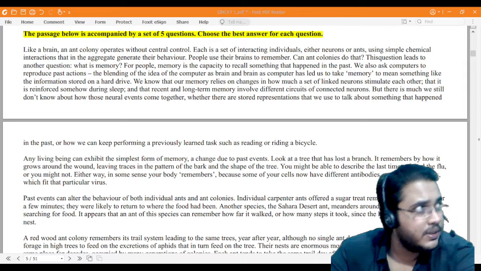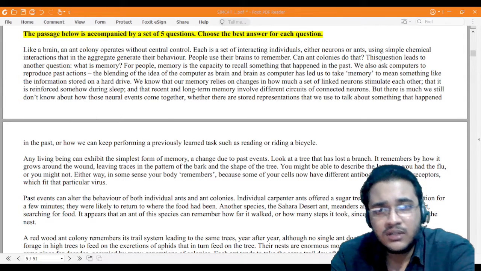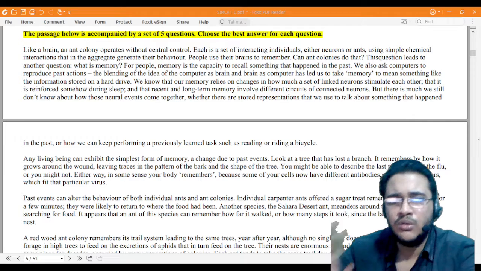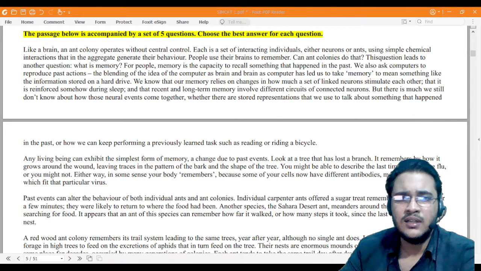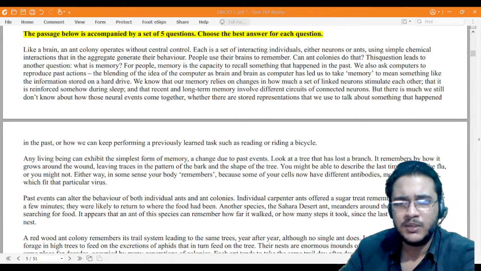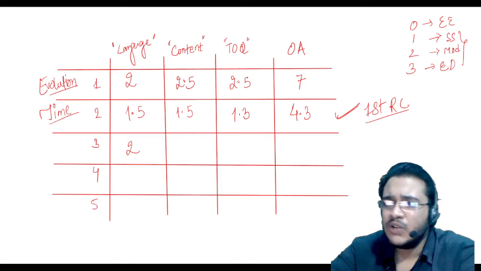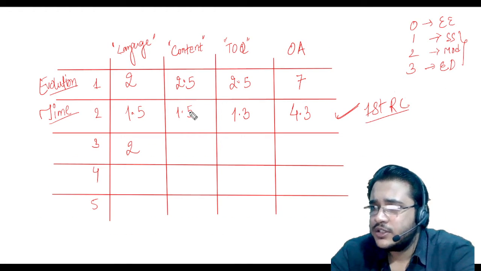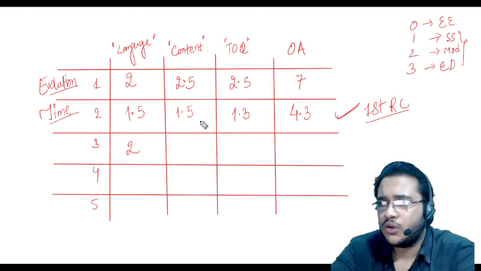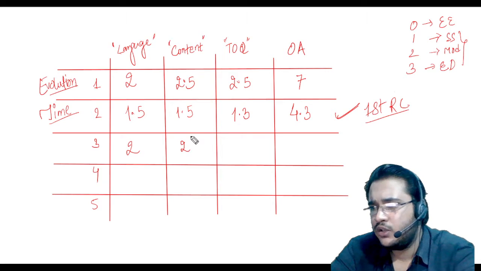How the brain operates, how the neuron functions, how the ant colonies perform, and I totally know that a series of arguments are going to be present. So this is not at all going to be one of those reading comprehension passages which is an easy read. So content is also heavy, so I'll give it a 2.